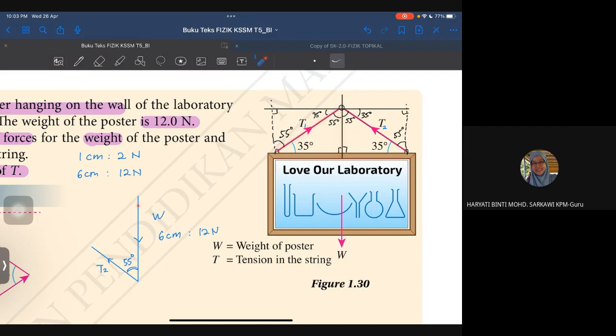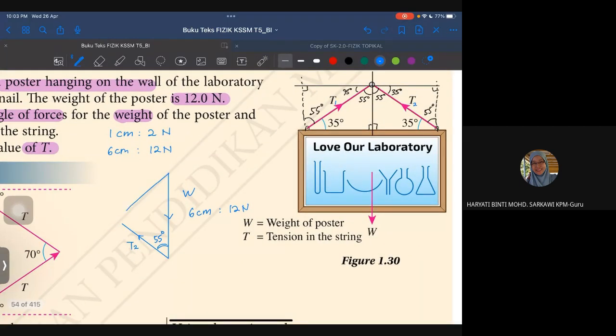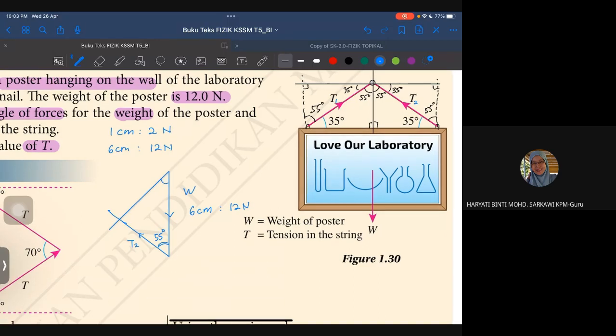So it is actually easier to draw here. 55 degrees, just lengthen. This is your T1. Clear or not? Just like that, so lengthen, as long as your angle is correct. This side is okay to lengthen, no problem. So here T1.